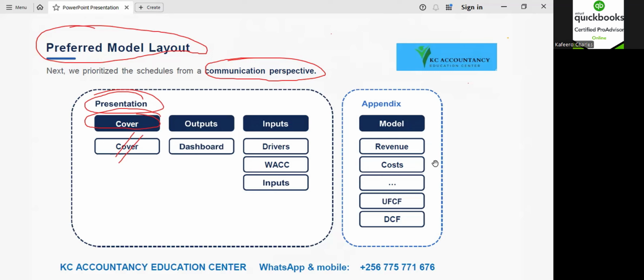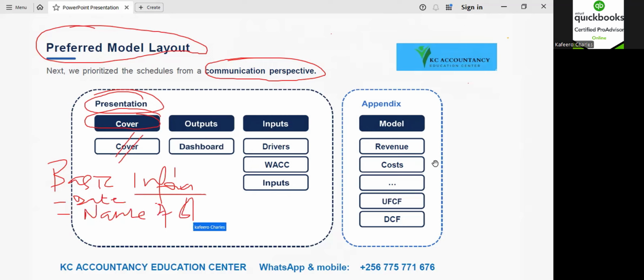It's definitely going to include the basic information, like maybe the date and the name of the business or the company.